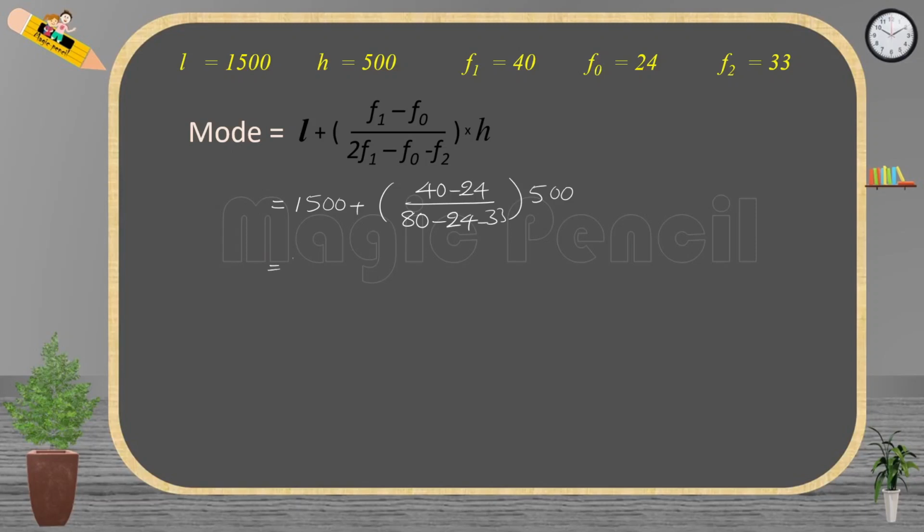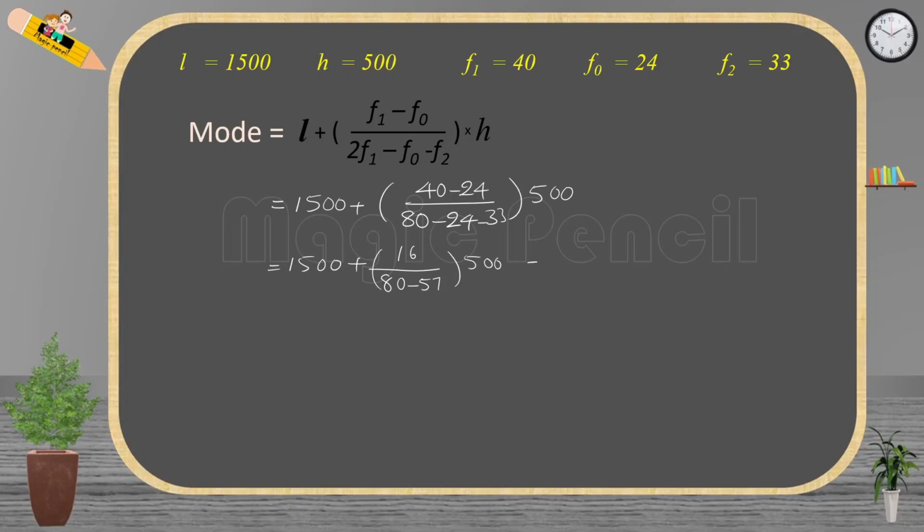So 1500 plus 40 minus 24, you will get 16, and 80 minus 24 and 33, when you add you will get 57, so minus 57, into 500.